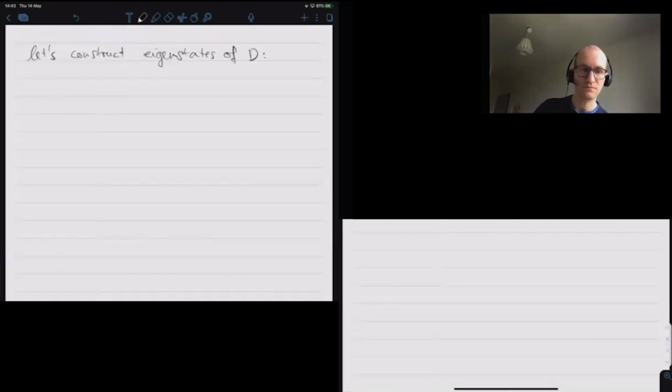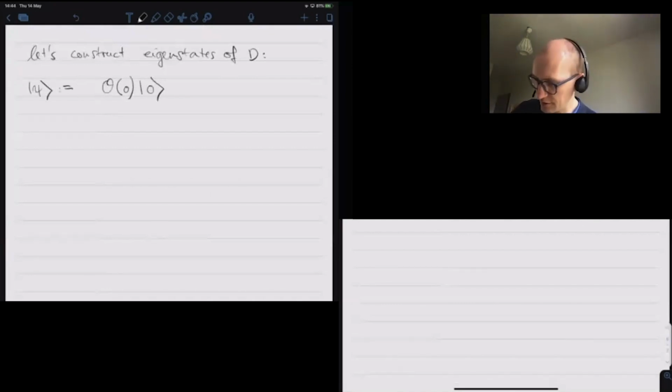So just consider the following object, psi, which corresponds to a state that is obtained by taking a primary operator O at the origin and acting on the CFT vacuum, meaning the one that's annihilated by K here. So this is our primary.